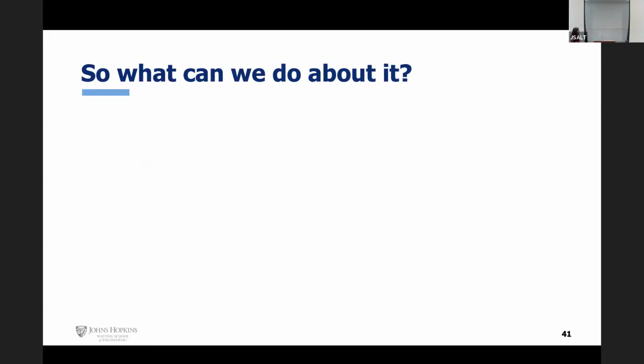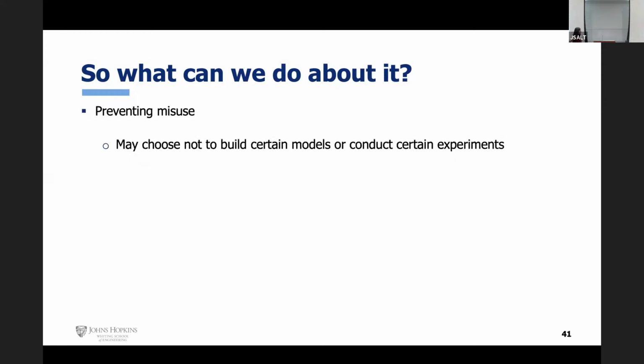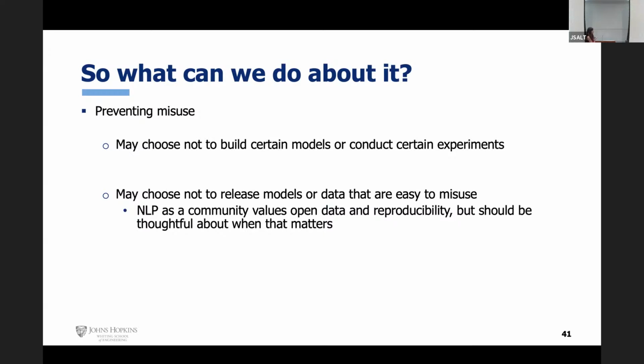The last one that I have, so maybe you might choose not to do certain projects if you think that the risks are too high. And you also might choose not to release particular models or data sets. And this does come at a trade-off, like typically in the NLP and research community, we value open data, we value reproducibility, but it depends on the project, like whether or not reproducibility is actually important for the goals of the project.